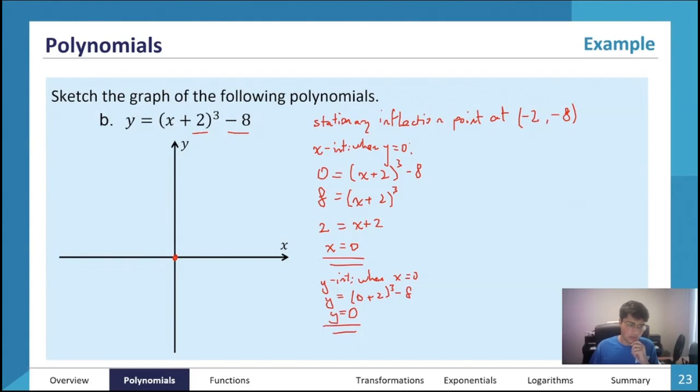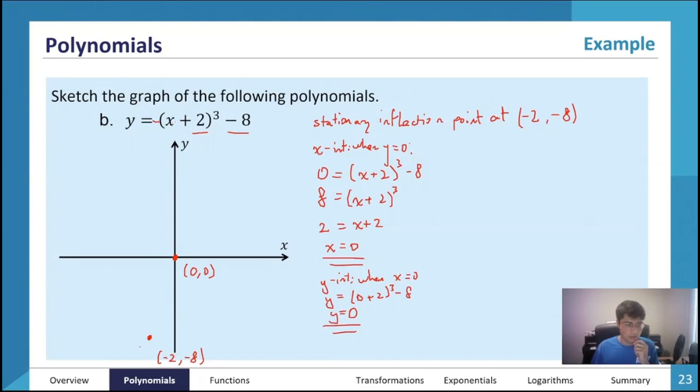We have x and y-intercept at the origin there, and then we have our stationary inflection point at -2 and -8, which is going to be down here somewhere. So -2 and -8, and this is going to be 0 and 0. Notice that there's no negative sign in front of our x term here, which means that this is going to be an upright curve.